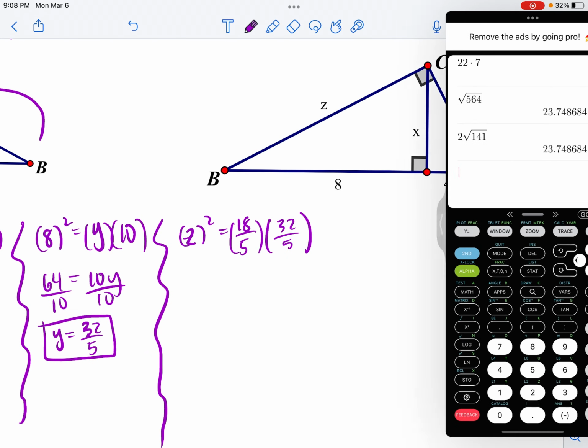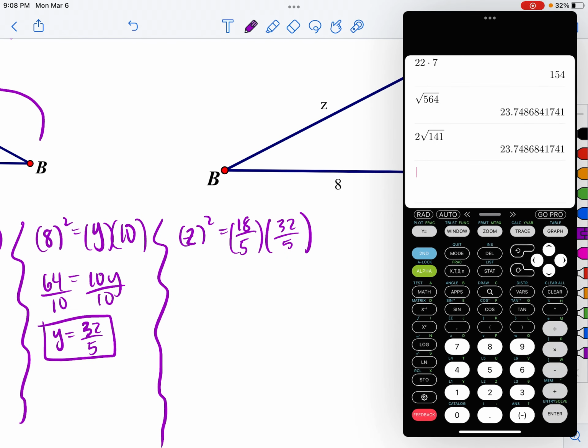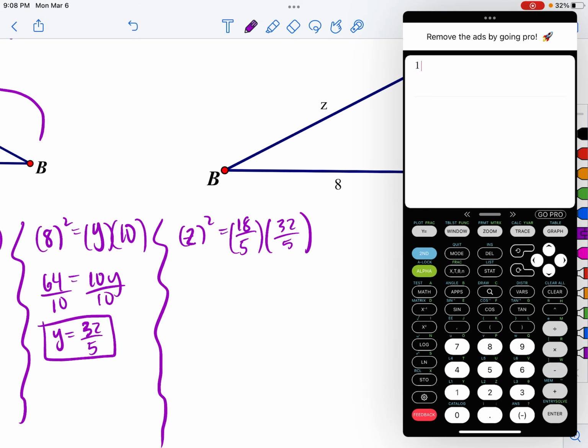And I'm going to need a little bit of help from our calculator. So let's clear this out. We get 18 times 32. So we get 576. And then 5 times 5 in the denominator is 25, is equal to z squared.